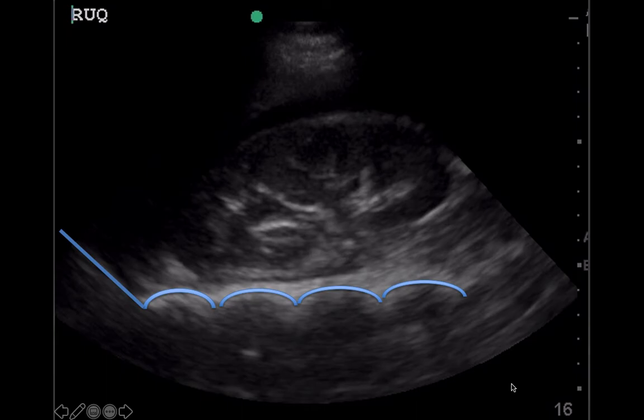On the cranial side of the diaphragm, you'll notice what appears to be liver, but this is just that mirror artifact created by the diaphragm. This mirror artifact is only seen in a normal lung, so if that mirror artifact is absent and the spine sign continues past the level of the diaphragm, then there's definitely fluid in the chest.